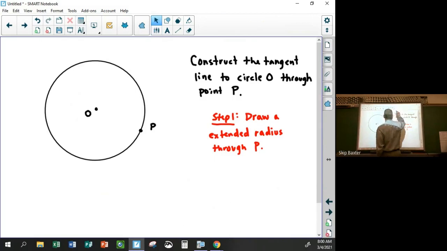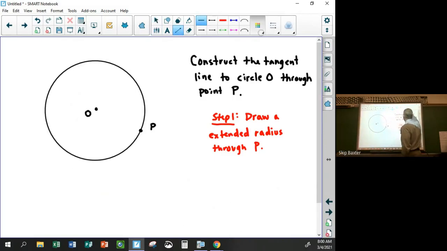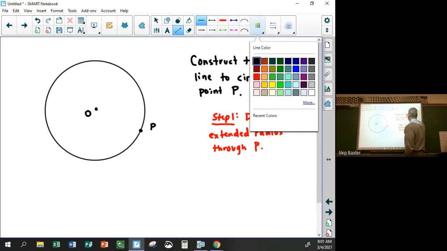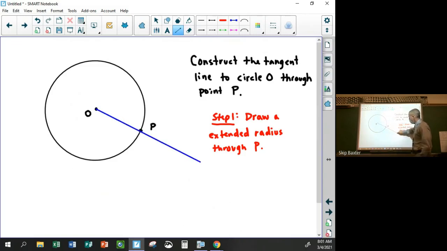So I'm going to get my ruler and draw that line. I'm going to make it blue instead. I'm going to start at O and go right through P and then just extend it longer than it needs to be.